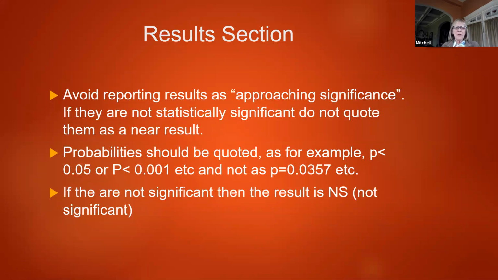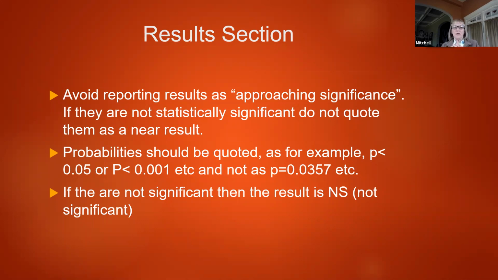Again, I think we talked about this briefly last week, but we really are not reporting results as approaching significance or being a trend towards significance. Either a result is statistically significant or it's not.